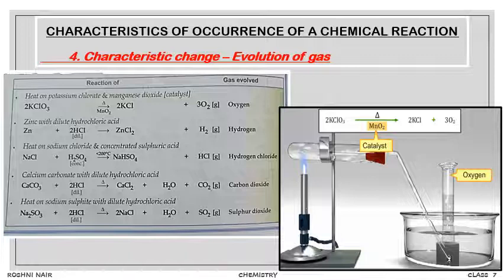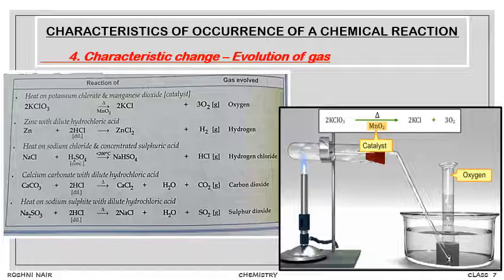So here in this example, we are going to learn what are the few gases evolved: oxygen, hydrogen, hydrogen chloride, carbon dioxide, and also sulfur dioxide. Around 5 gases you can see. These are the gases which are evolved during different chemical reactions.